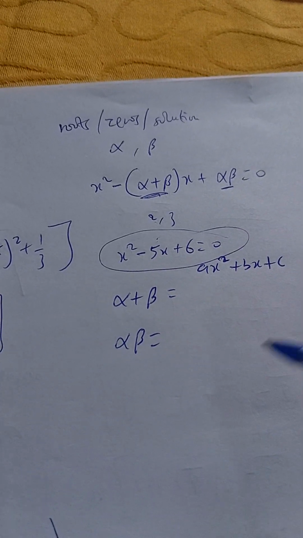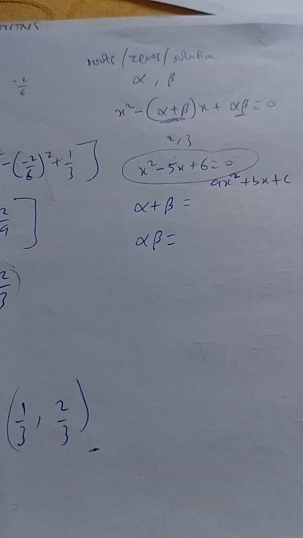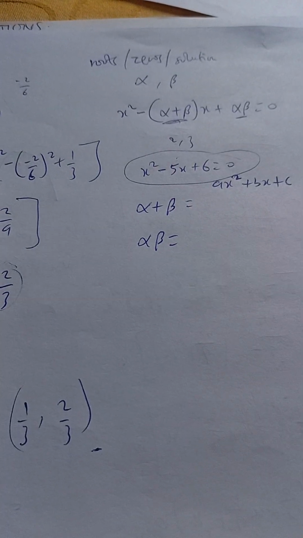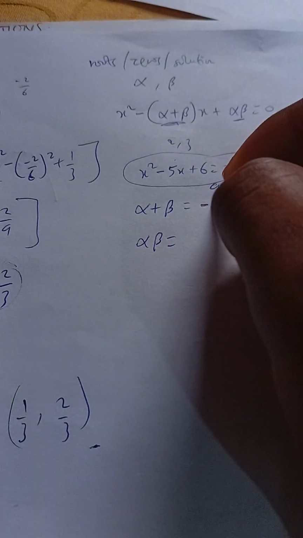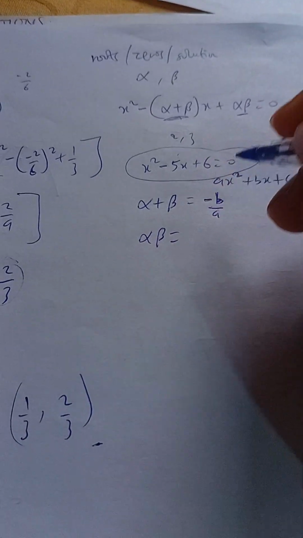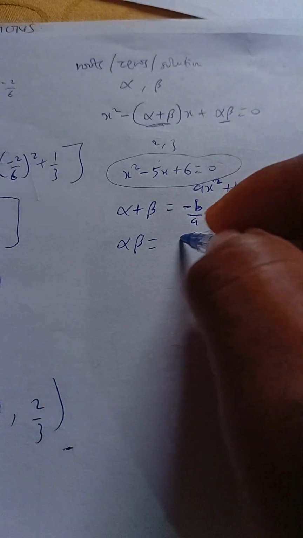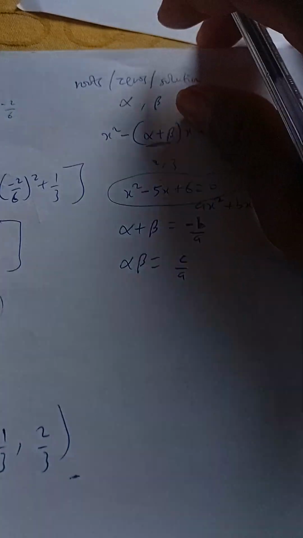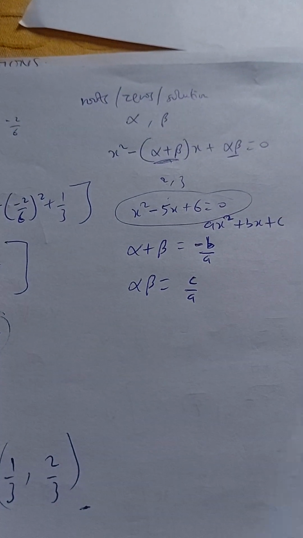So we can define the sum of roots and the product of roots using a, b, and c. Our alpha plus beta, the sum of roots, will be given by minus b over a, and our product of roots alpha beta will be given by c on a. So we can take an example for this and try and solve it.